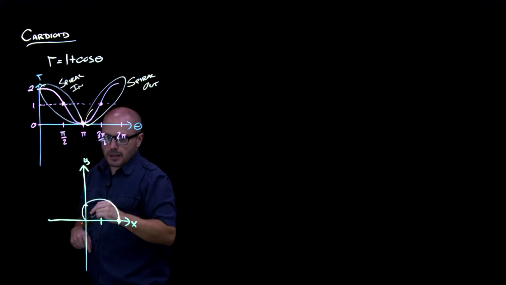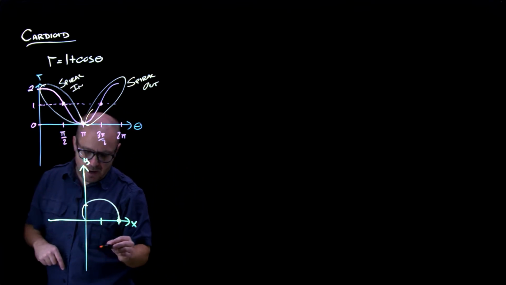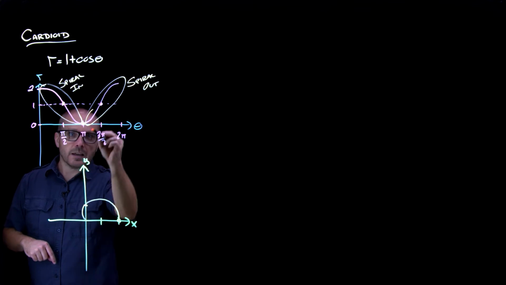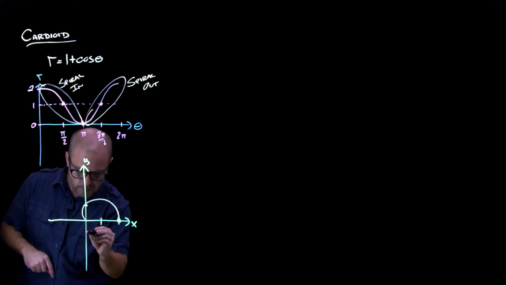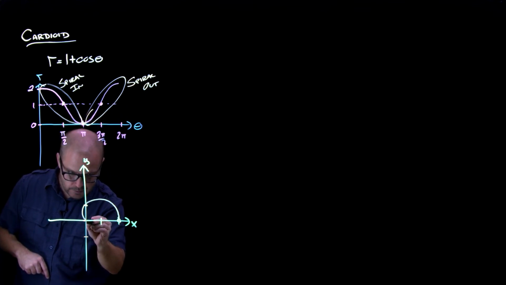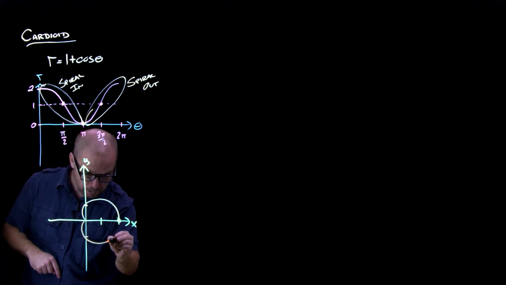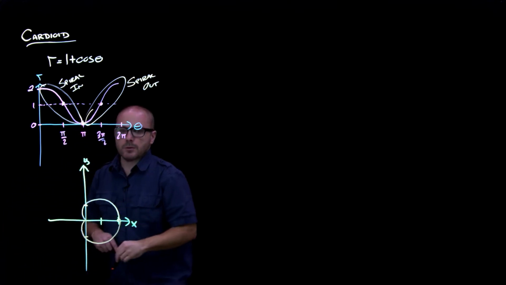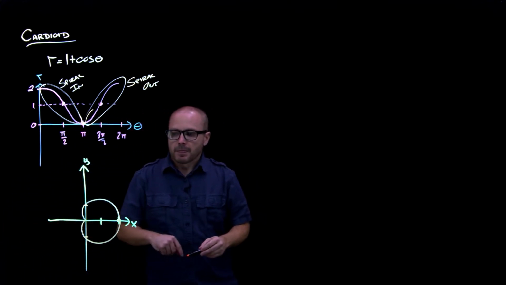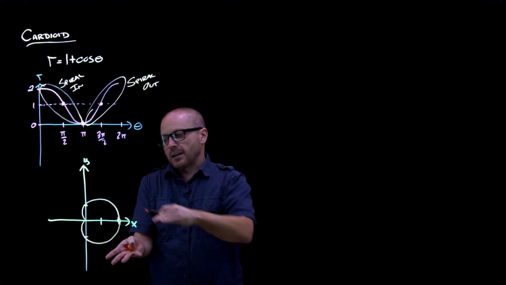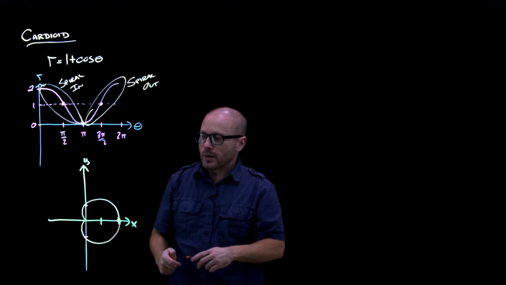Again, we could use a reference at 3 pi over 2. We're out at 1 again, so it's really a mirror image of what we did. And so we get this sort of on-its-side heart shape, hence the name cardioid.